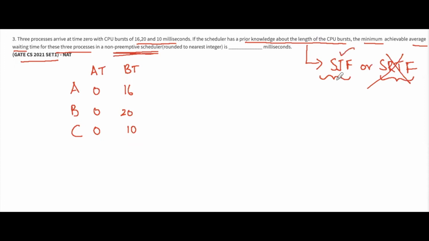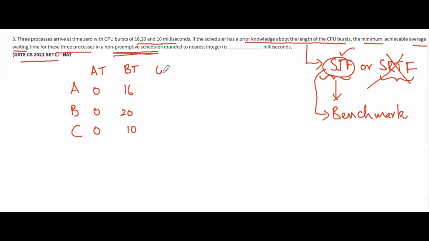SJF is not practically implementable because we have to know the CPU burst times initially before executing it. So SJF is kept as a benchmark for scheduling. Let's see, they are asking about the average waiting time for SJF.